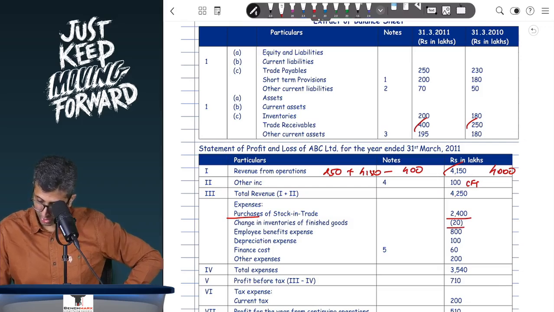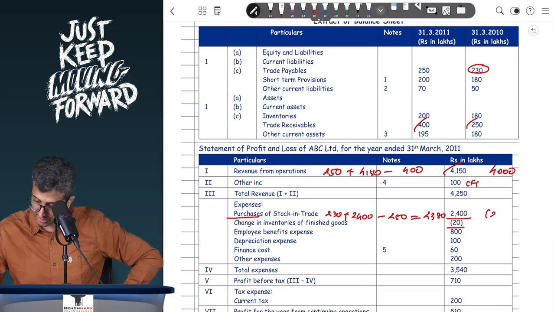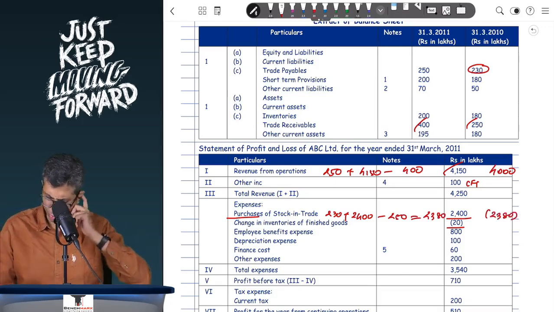Okay, purchase of stock in trade, वापस opening creditors 230 plus purchases 2400 minus closing 250. तो ये शायद से आपको 2380 आ जाएगा. This is minus 2380. Then changes in inventory, you don't have to separately take that.